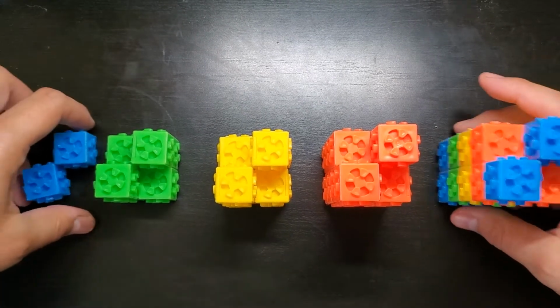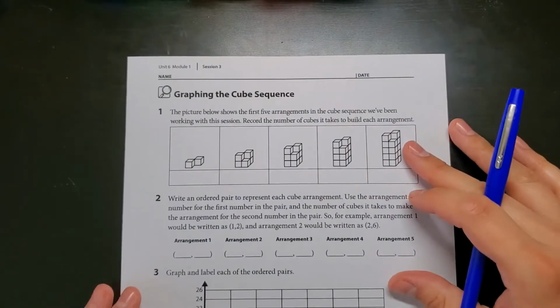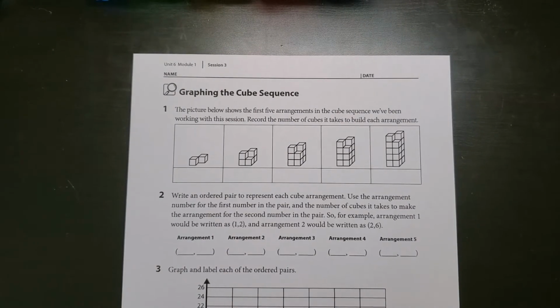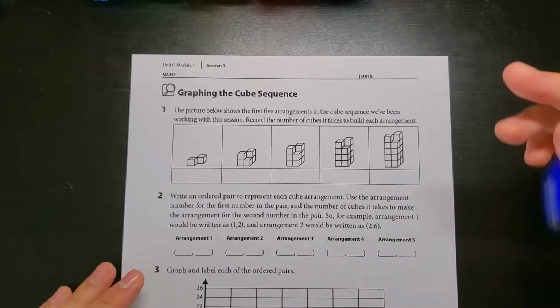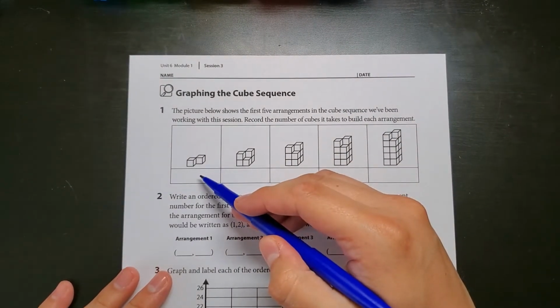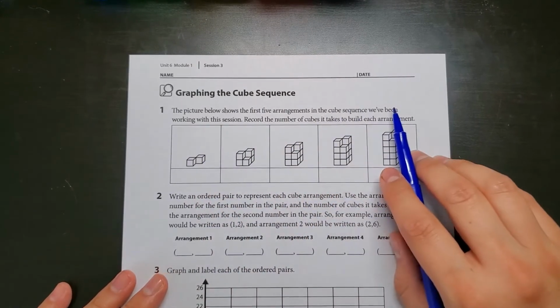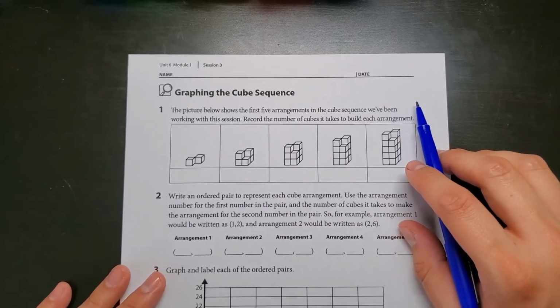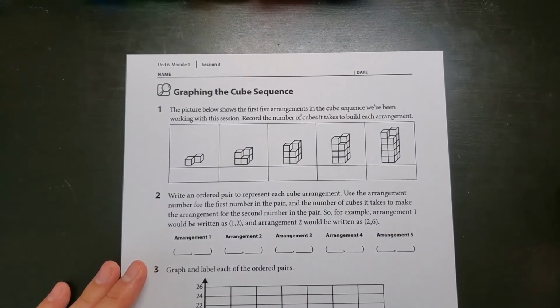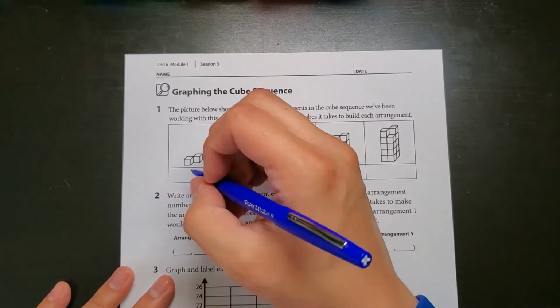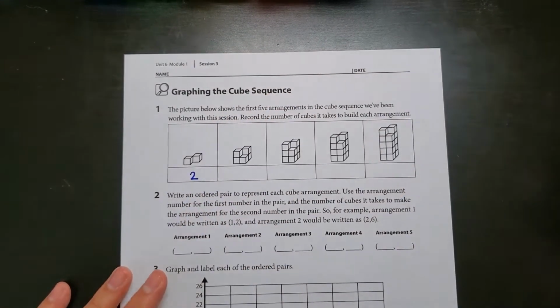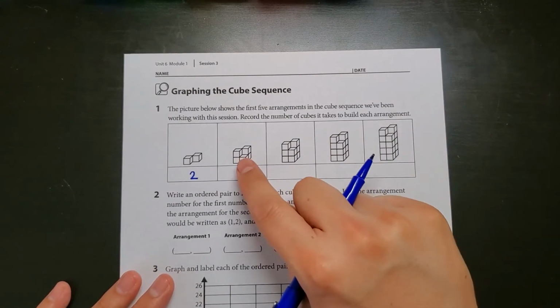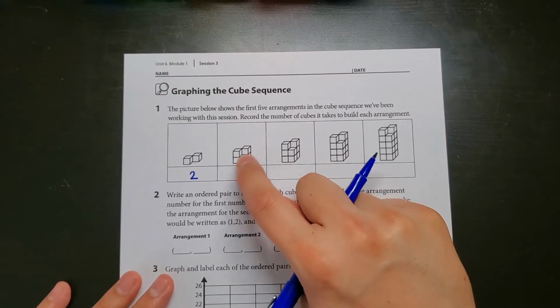In order to make that really visible, I have this worksheet here, and we're going to be graphing this cube sequence. This first one says, the picture below shows the first 5 arrangements in the cube sequence we've been working with this session. Record the number of cubes it takes to build each arrangement. So it took 2 cubes to build that first arrangement. Then you might have noticed that there was a layer of 4 from that 2.